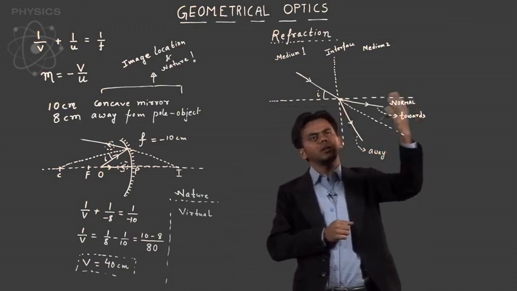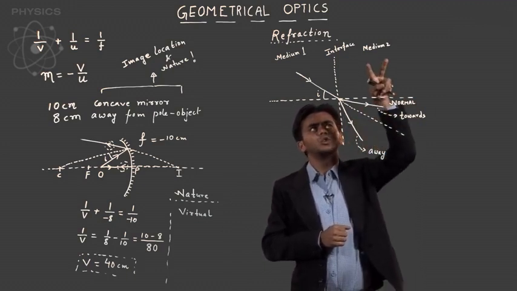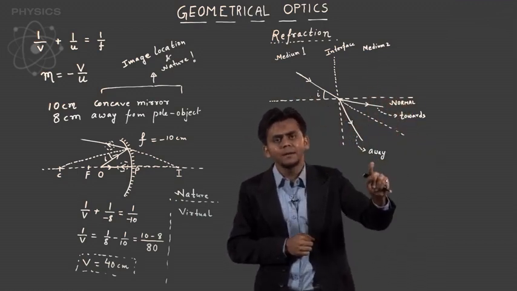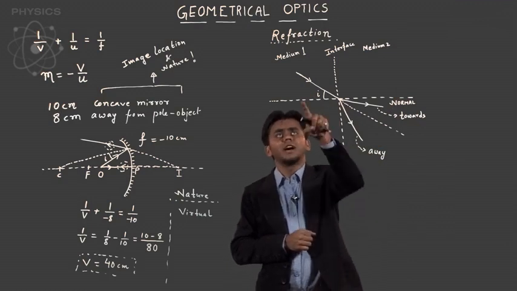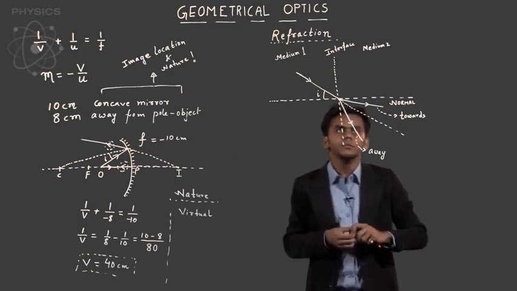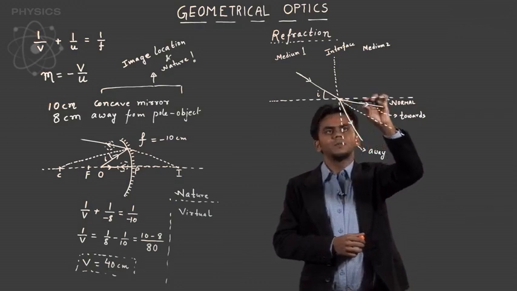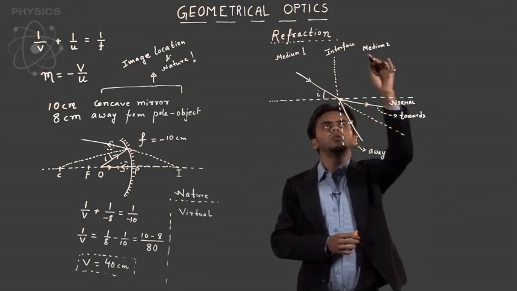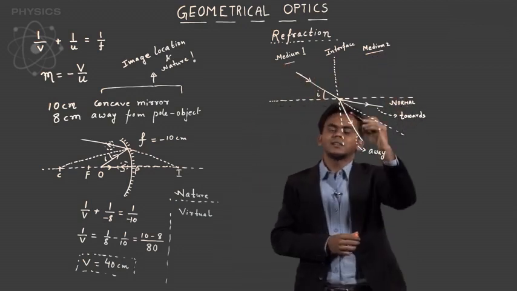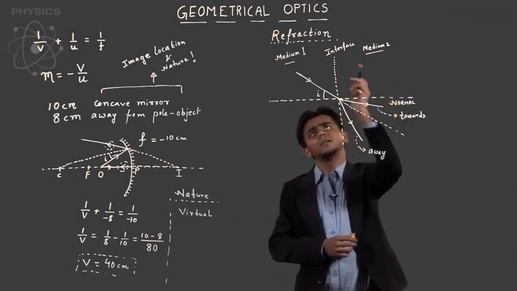This would happen when medium 2 is of a higher optical density than medium 1, your refracted ray would come towards the normal, and your refracted ray would bend away from the normal when medium 2 is of a lesser optical density than medium 1.